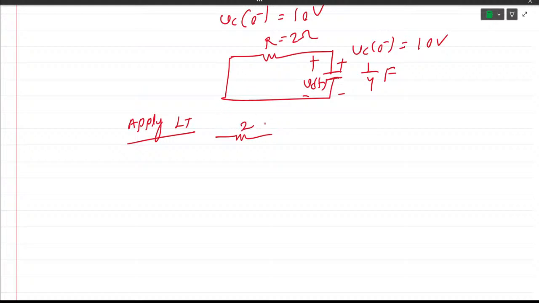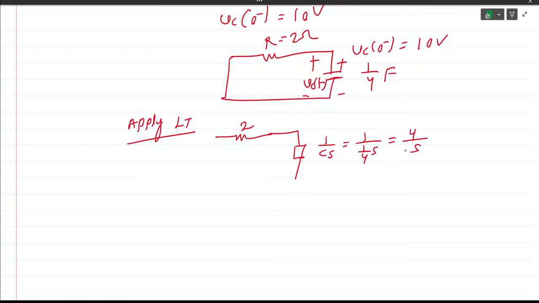So this becomes 2, and the capacitor becomes this with initial voltage with polarity shown. So this is 1 upon Cs, that is 1 upon 4s, that is 4 upon s.